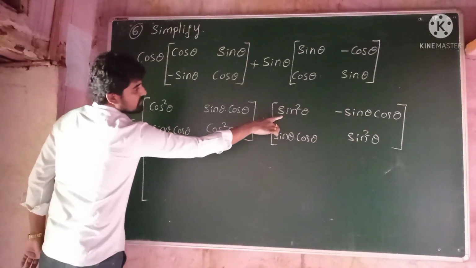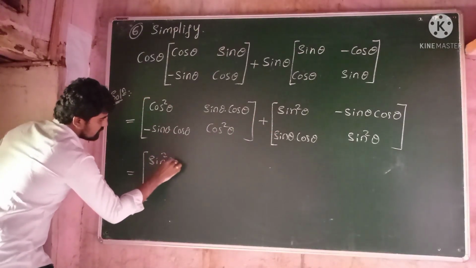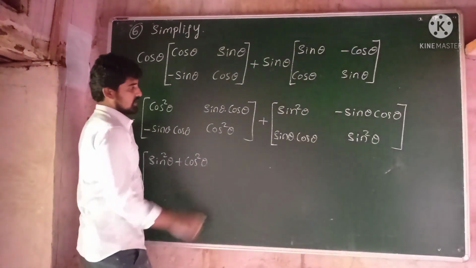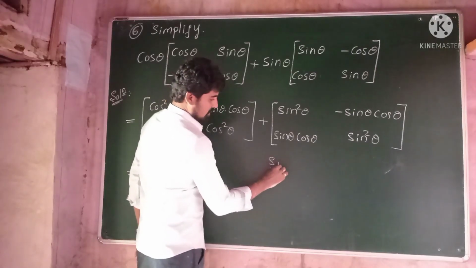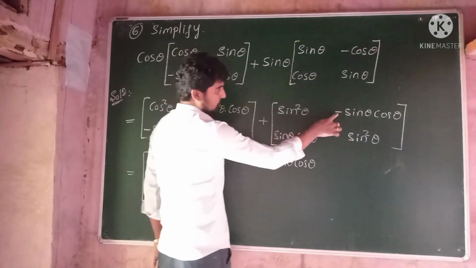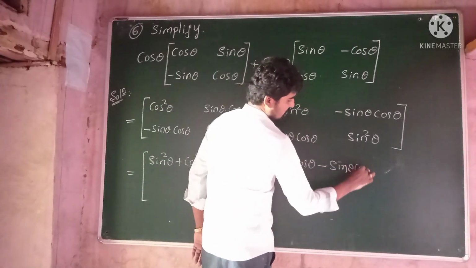cos square theta plus sin square theta can be written as sin square theta plus cos square theta. Similarly, sin theta into cos theta, sin theta into cos theta, plus minus sin theta into cos theta.